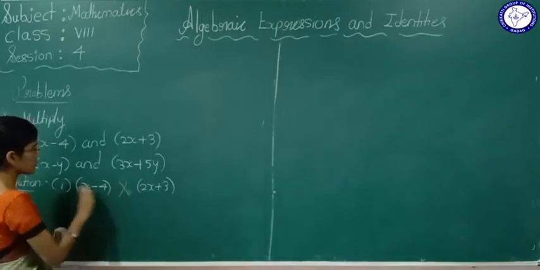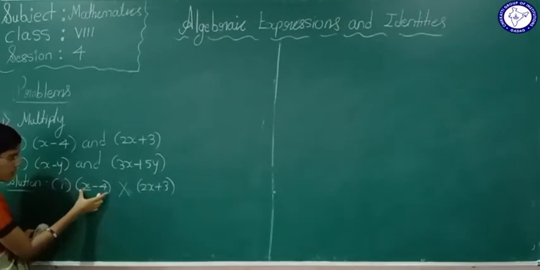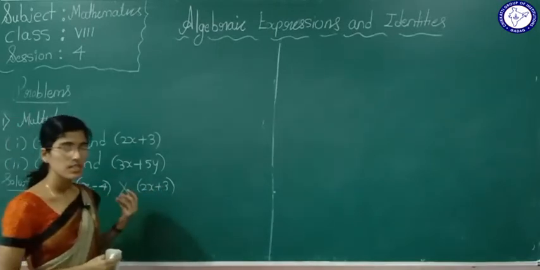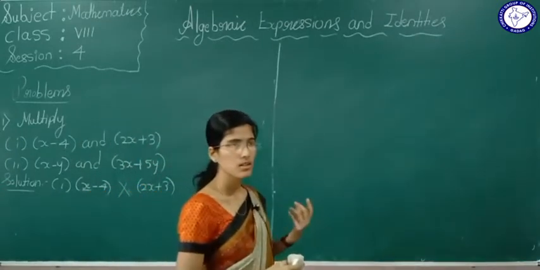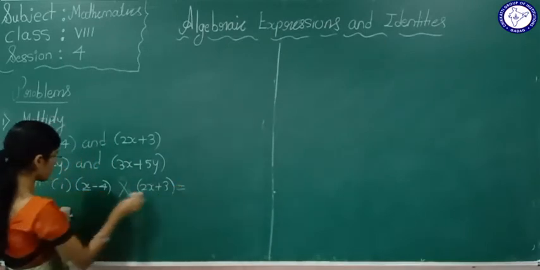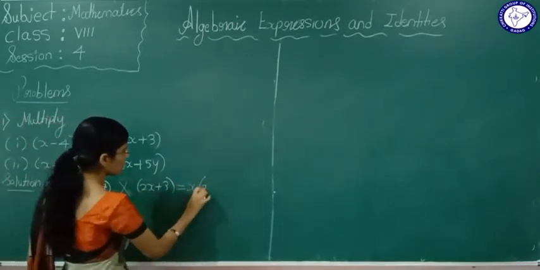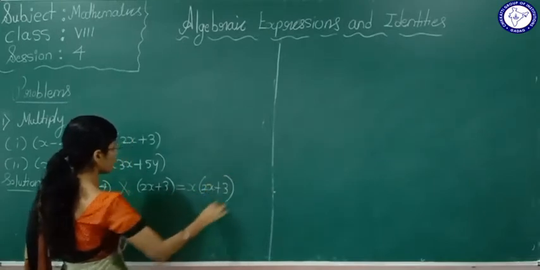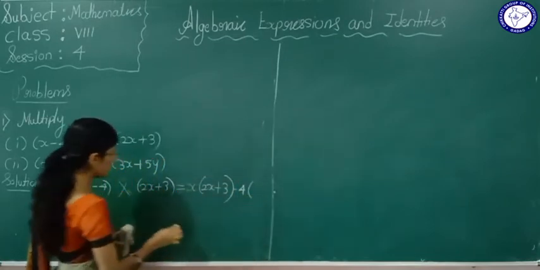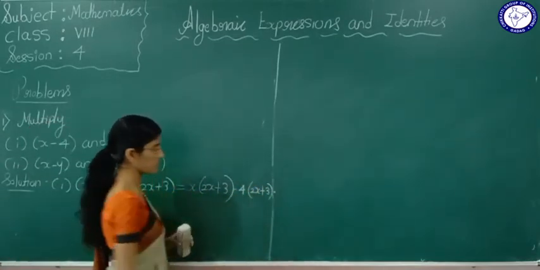Now see, what we do is multiply each term of the binomial with each term of the other binomial. Now see, it is nothing but x multiplied by 2x plus 3. Okay, the minus 4 is there, minus 4 multiplied by 2x plus 3.